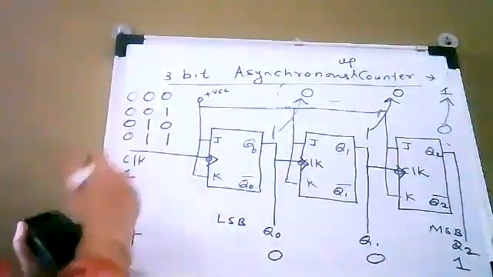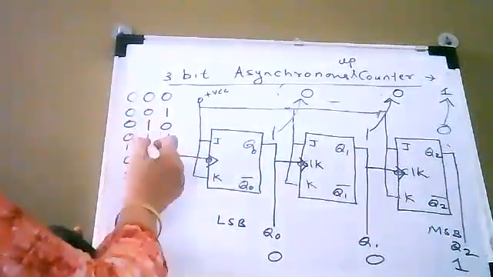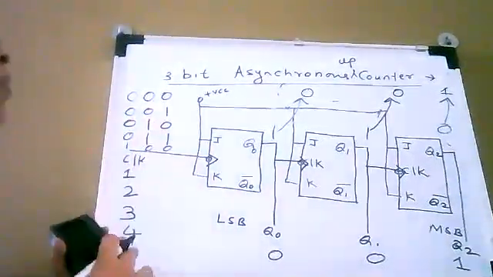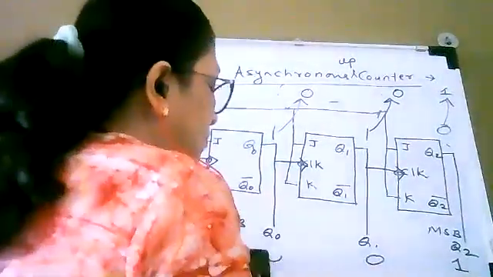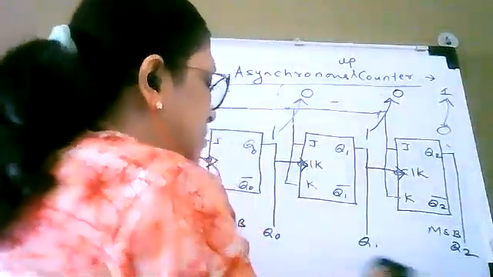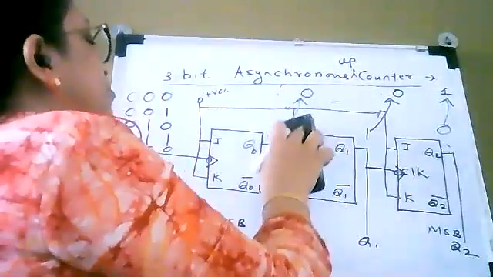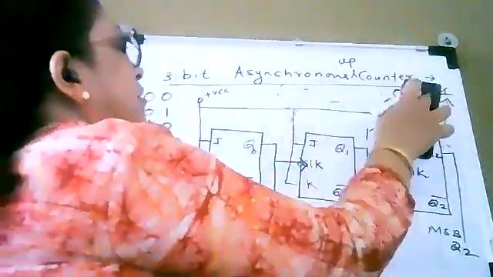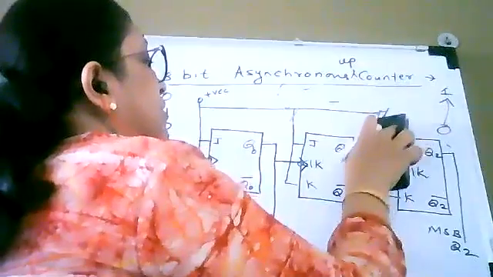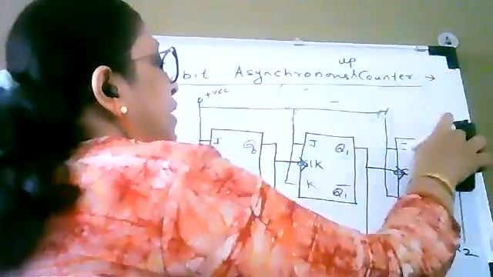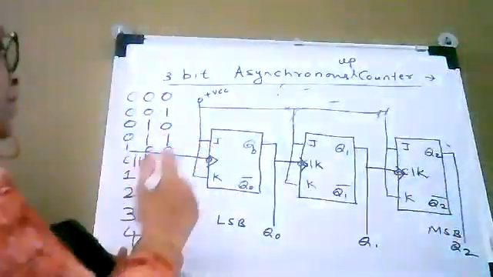So the fourth state that our counter has counted is 1 0 0. Okay, so now considering this state, we are going to see what happens if we apply the clock pulse. So go on verifying each state.